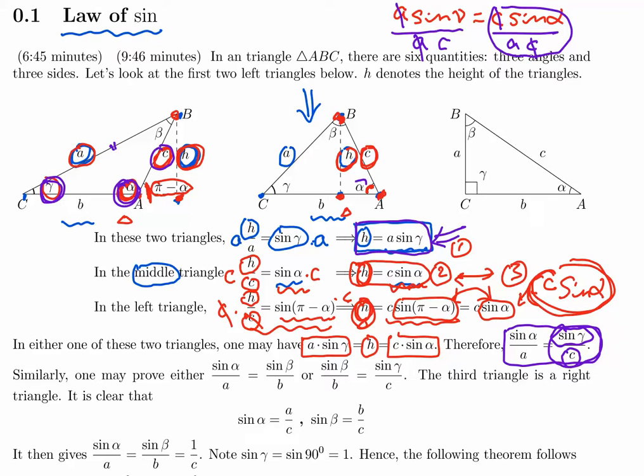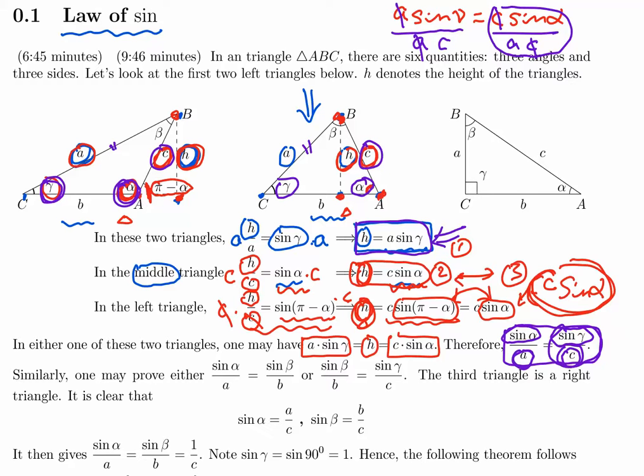Sine alpha is here, divided by the opposite side, a, right here, equals sine gamma, gamma is this side, divided by the opposite side of c, like here. So that's a very important property.